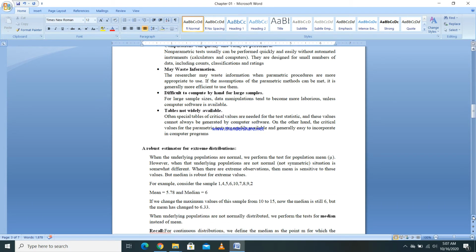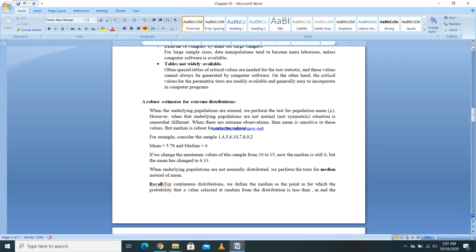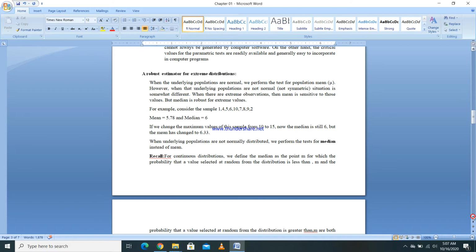So the next question is, when we talk about parametric methods, most of the time when you want to use a central tendency measure in your population to make inferences, we use the mean value of the population.